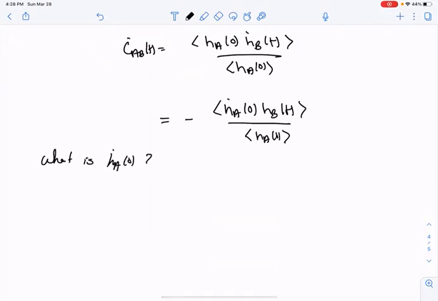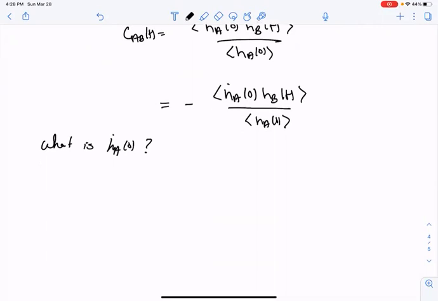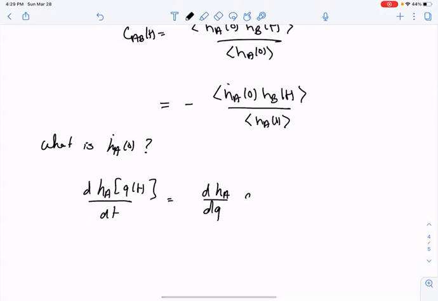How do we actually evaluate HA dot? Well, HA is really a function of time through Q of t, through this reaction coordinate that defines the indicator function. So if I was going to take a derivative of HA with respect to time, what I really mean is that I want to know how HA changes with Q, and then how Q changes with time.